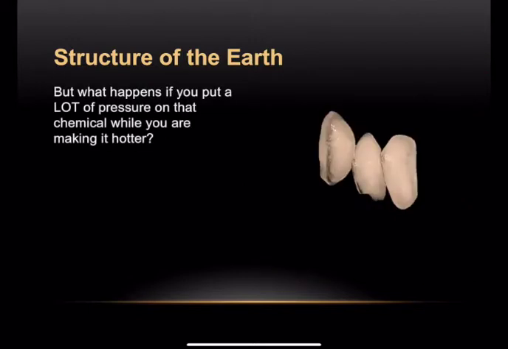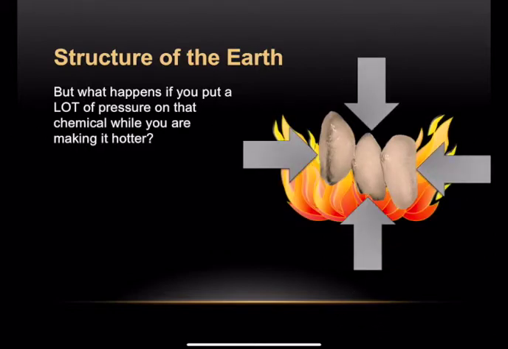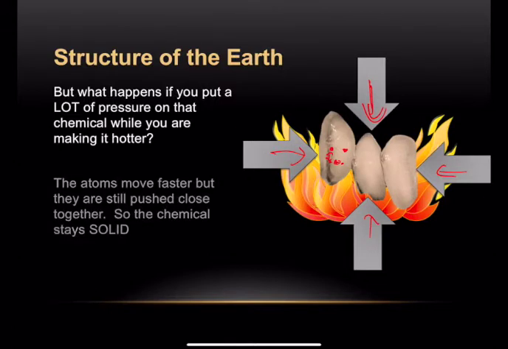All right, so what happens if I put a lot of pressure on a chemical while I heat it up? So if I've got a solid and I put lots of pressure, but I'm also increasing the temperature. At this point, the atoms inside of this solid are vibrating very fast, but they can't move far apart from one another because of the pressure that's pushing them together.